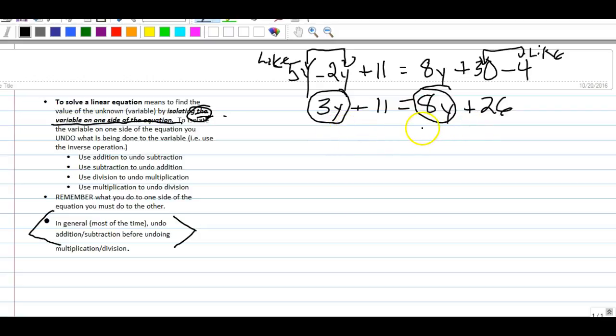In this case, I'm going to choose to eliminate the 8y by subtracting 8y from both sides of the equation. Remember, what you do to one side of the equation, you have to do to the other.